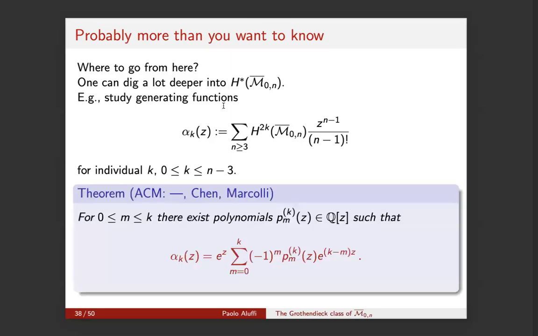Long before knowing about the formula for m0 n bar, we were able to observe this. This generating function has a reasonably simple formula, just exponential with coefficients that are polynomials.